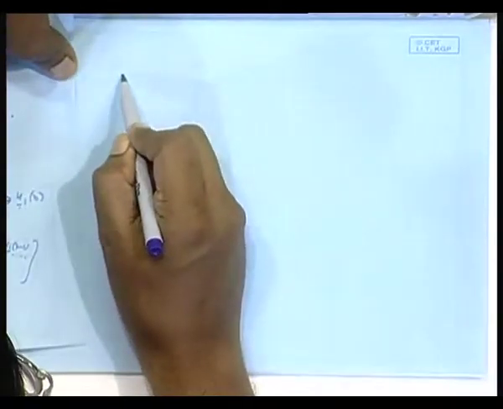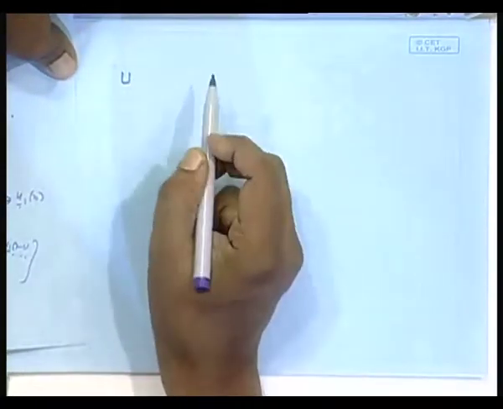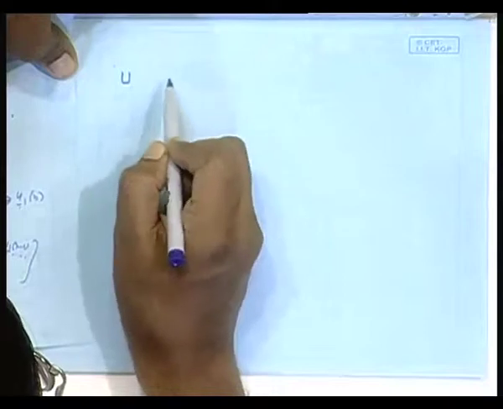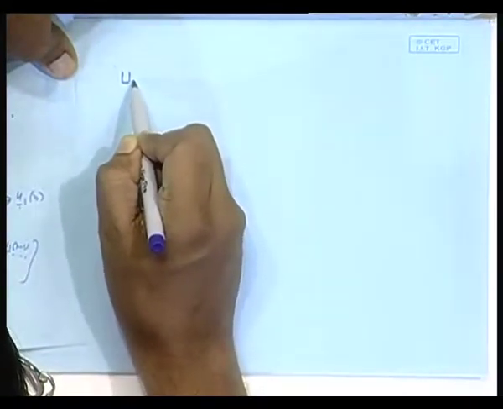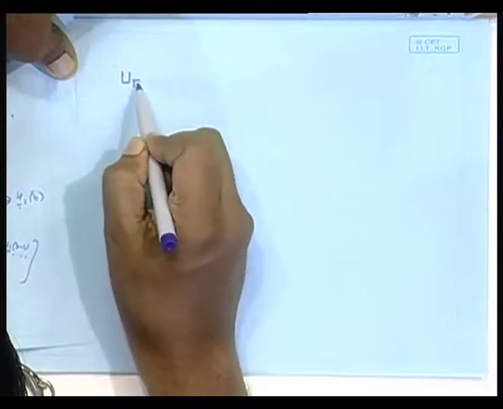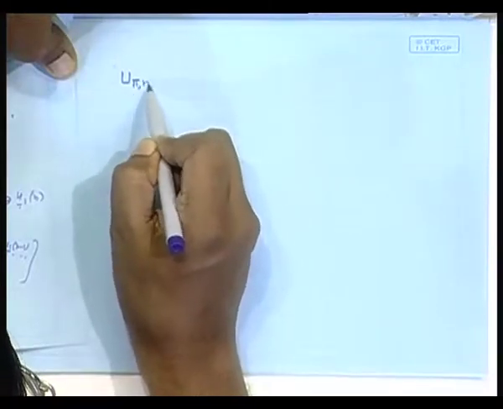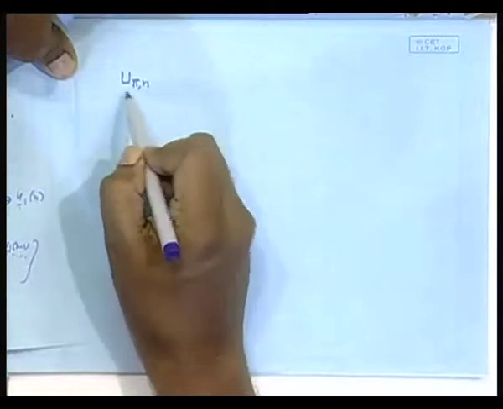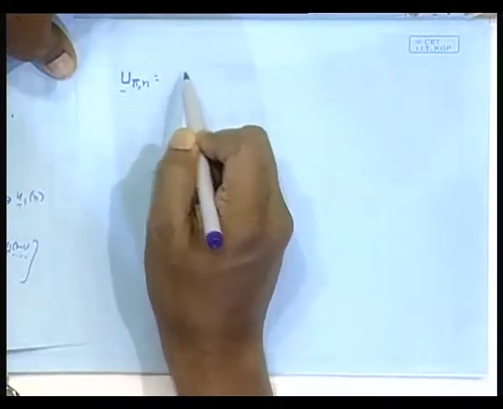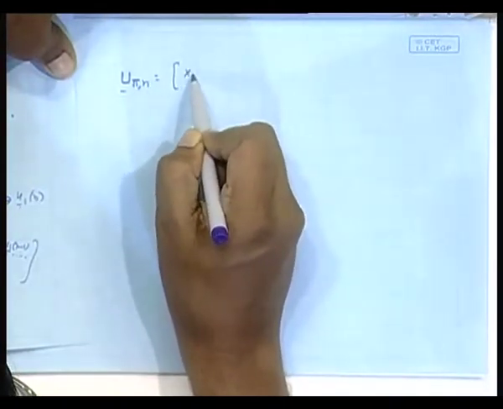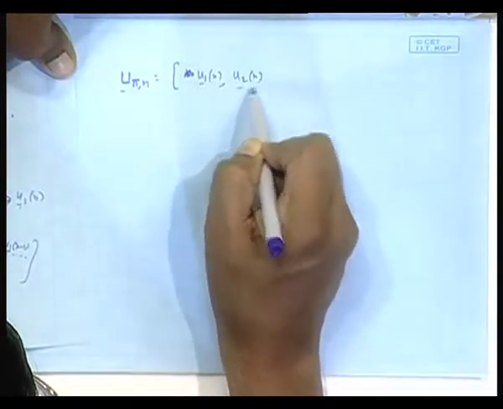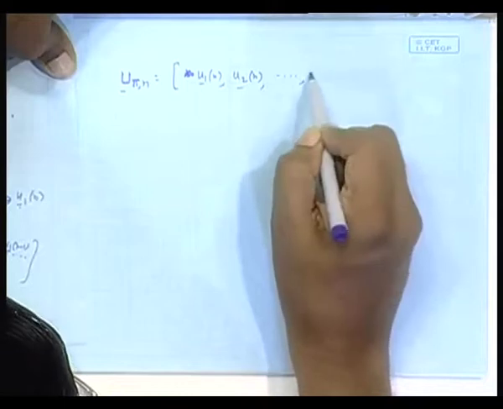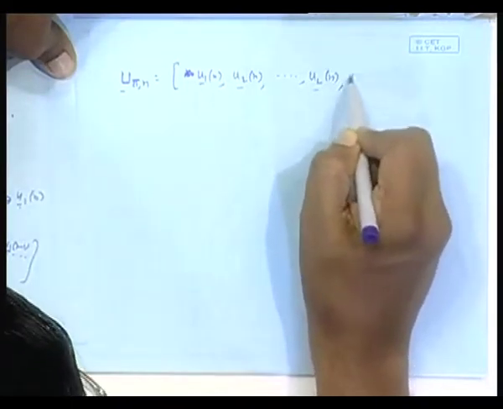I will be considering this vector u pi n as u1n, u2n, uln as before, and pi n appended.